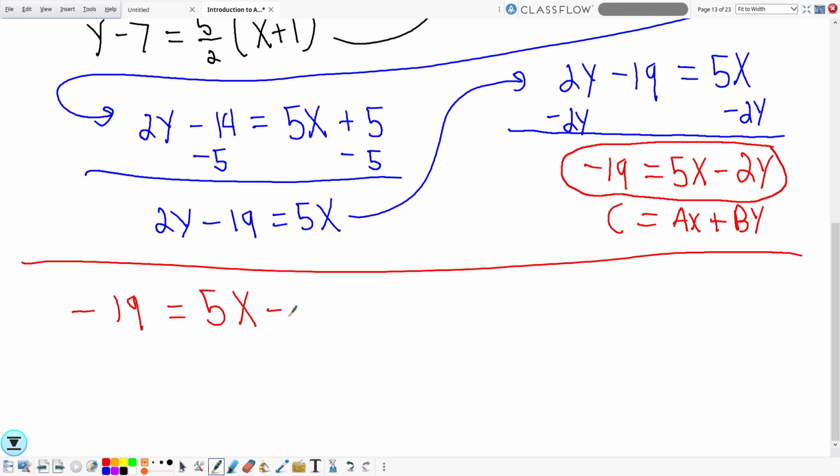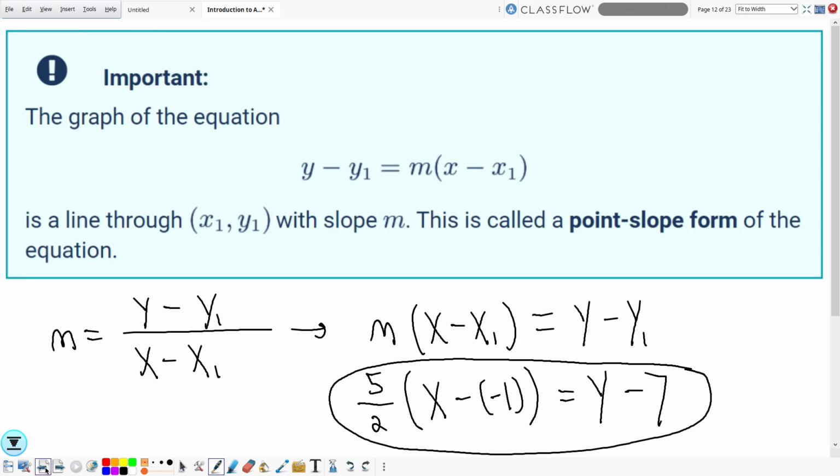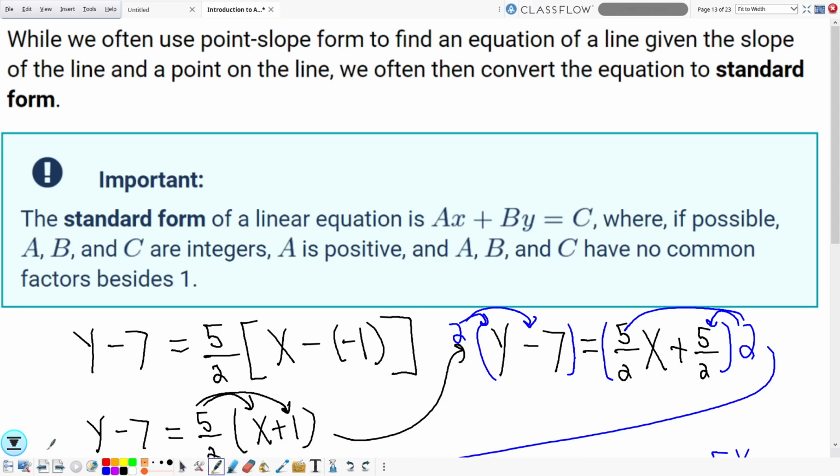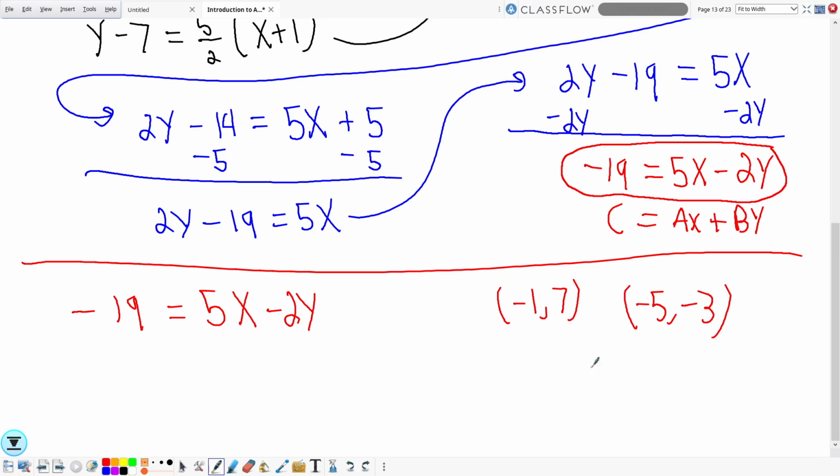So 5x minus 2y. The 2 points we wanted to go through were -1, 7, and -5, -3. That was the original problem all the way back here. So let's just throw some of those values into our equation, see if stuff works out. So I'll start with the first one here.